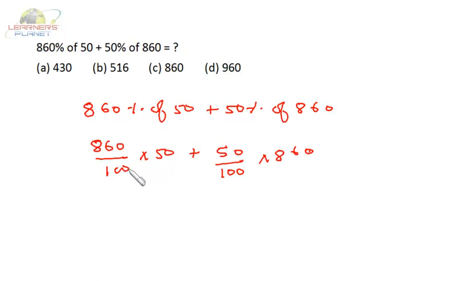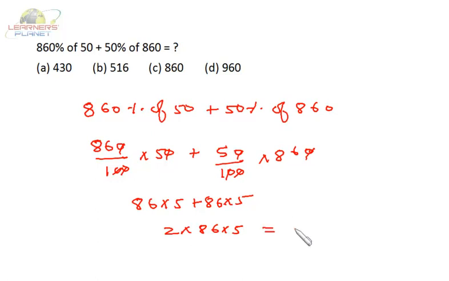Then after making all the calculations, they will be doing 86 into 5 plus 86 into 5. That means 2 times 86 into 5. That means 86 into 10, that is 860. Okay, so they'll be getting the answer as 860 after these many steps.